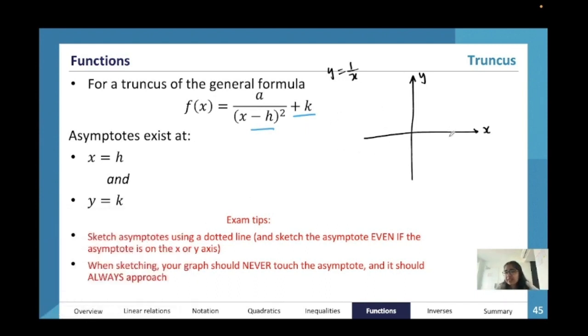When you're using a pencil and drawing on that black line, it might be hard to see the asymptote. So what I like to do is draw it slightly to the side so you can see the markings I made and label it clearly. So x equals 0, and then slightly to the side, extend it a little bit more so it's very easy to see that you've drawn an asymptote, and here you've got x equals 0.